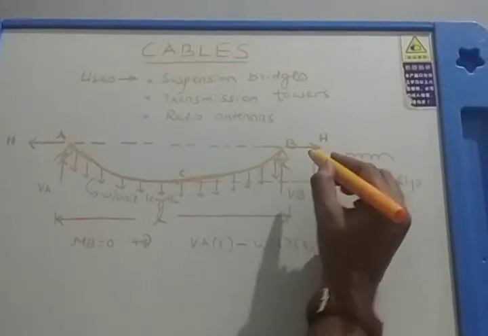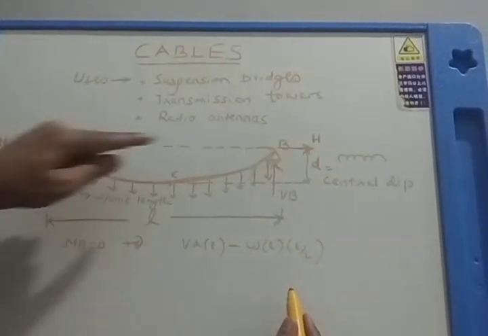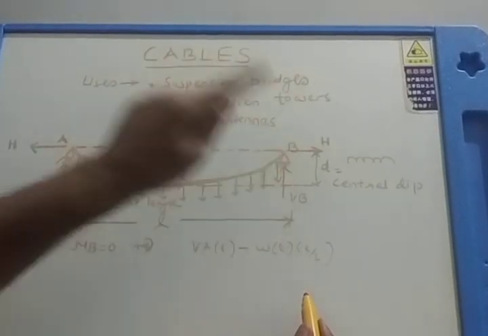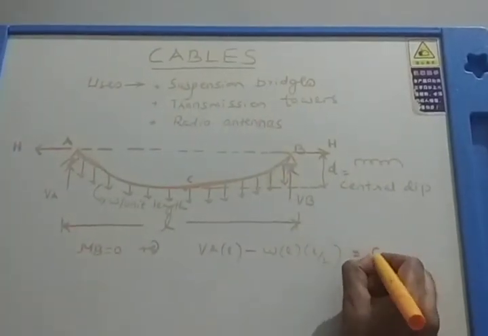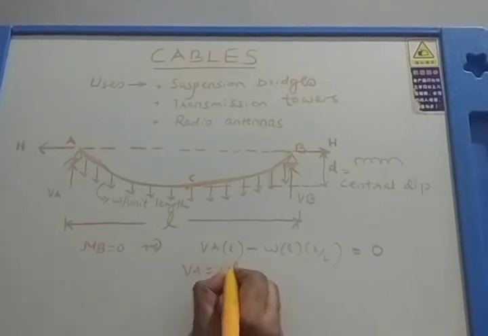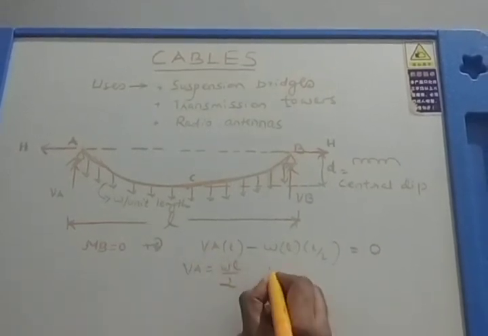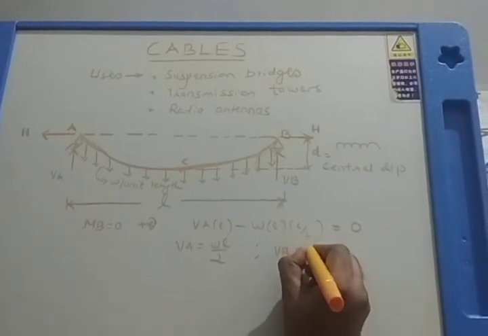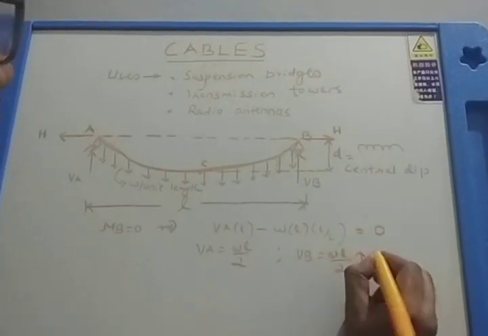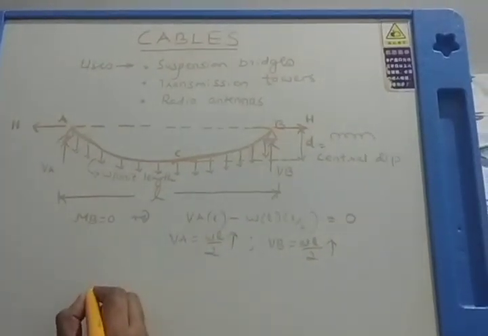Only these two forces act at B, because moment due to H, it is passing through B, will be equal to 0, and moment due to VB also will be 0. So with this you are going to get VA equal to WL by 2. If VA equals WL by 2, then VB also will be equal to WL by 2 because of the symmetric condition. So we found out VA and VB.